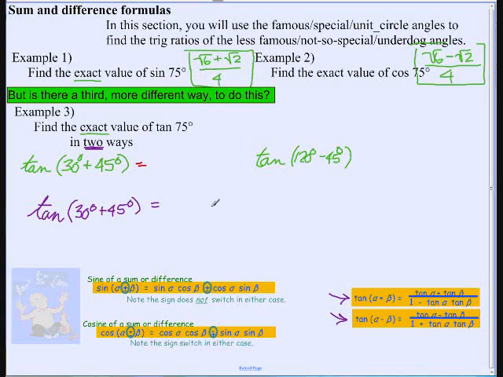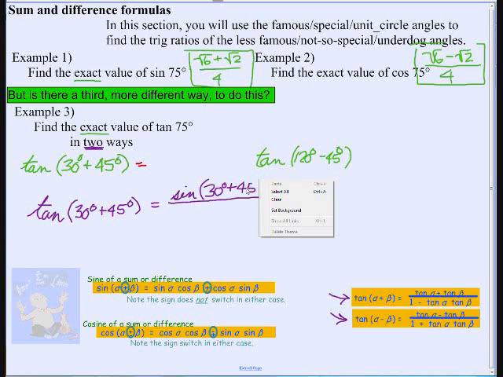This could be found with the quotient identity, which would be sine of it. Now, for the quotient identity to work, it has to be the same angle, 30 plus 45.